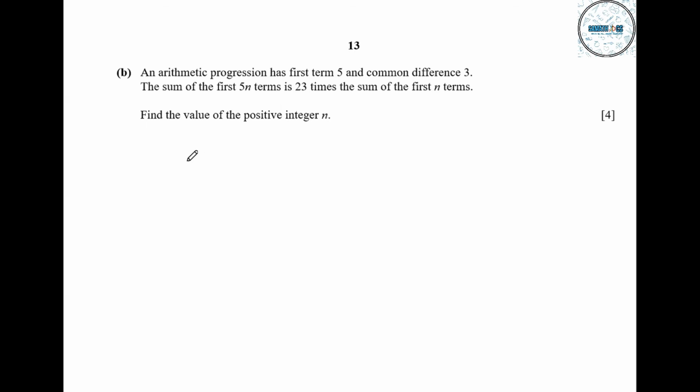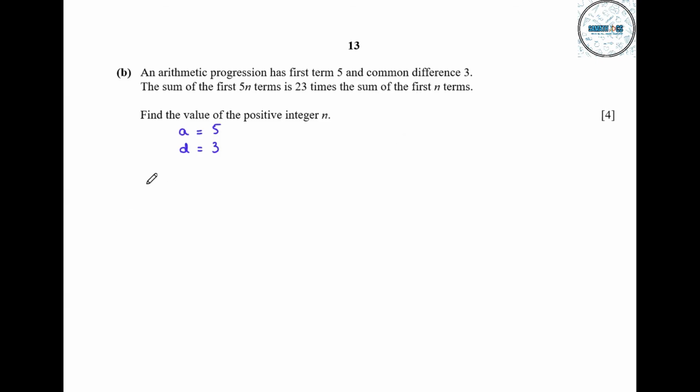The sum of the first 5n terms is 23 times the sum of the first n terms. Find the value of the positive integer n. We have a equal to 5 and d equal to 3. Sum of first 5n terms is 23 times the sum of the first n terms.